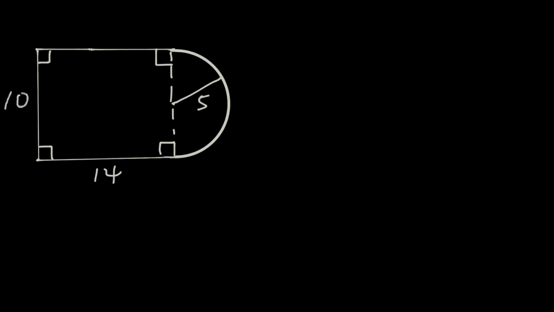Now what if you were provided with a figure like this, where it has a rectangle as well as half of a circle? So what we want to figure out here, the perimeter of this figure, is the outside portion.